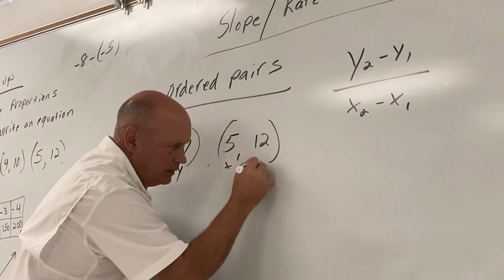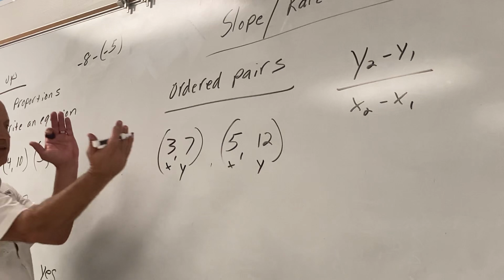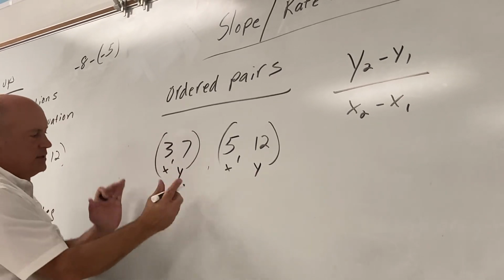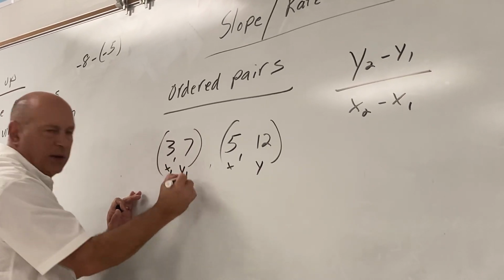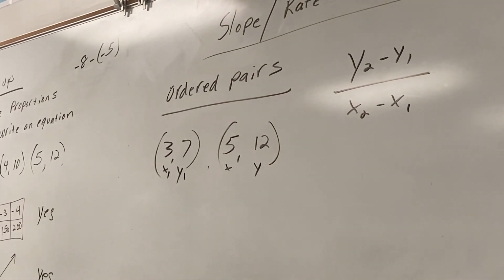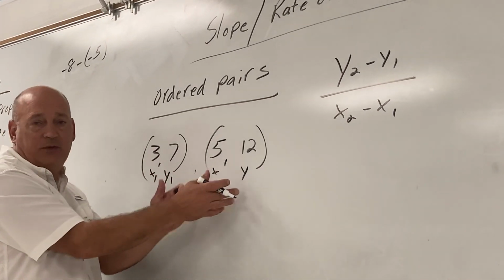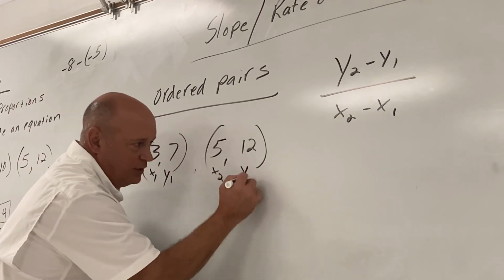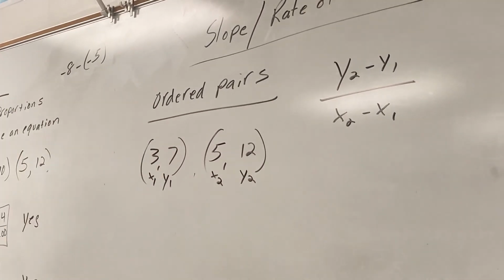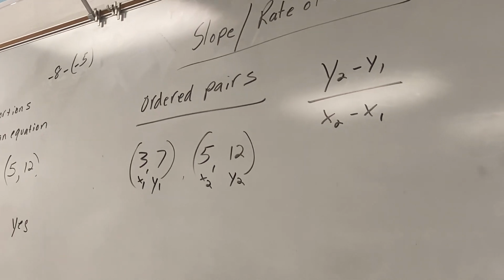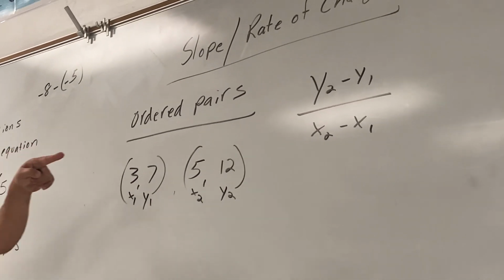Isn't this the first pair they give me? Yes. So these will both be x1, y1. Isn't this the second pair? This will be x2 and y2. And now we're going to plug in the numbers where they go.